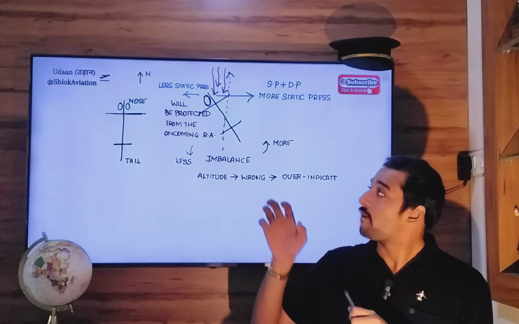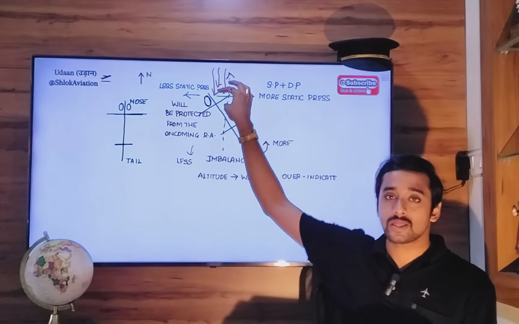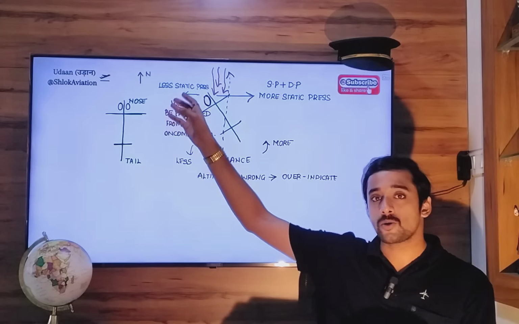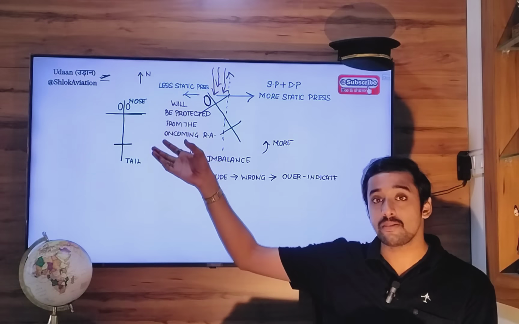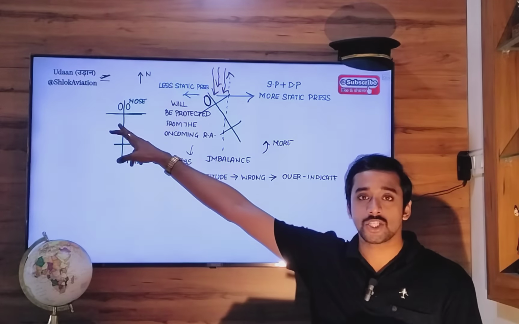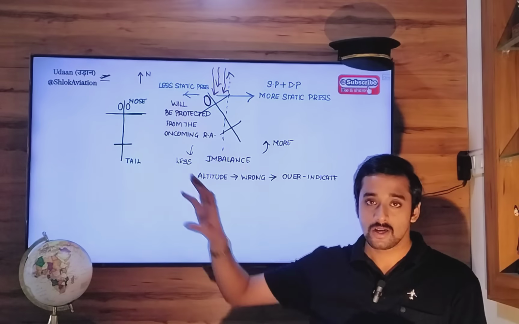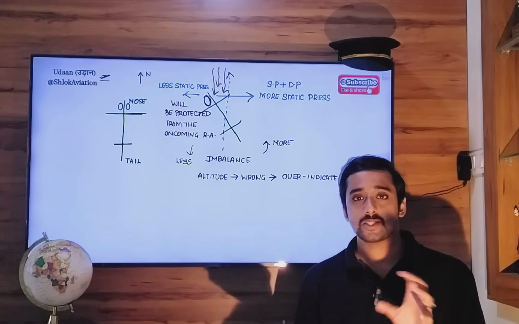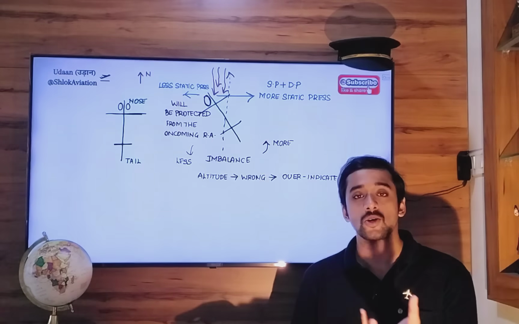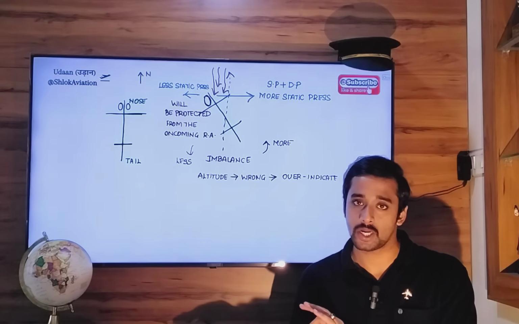That means more pressure generated on this static port will be counteracted, cancelled, or balanced by less pressure generated on the other static port. So the overall result will be plus minus 0, and therefore the altitude indicated will be the correct altitude.